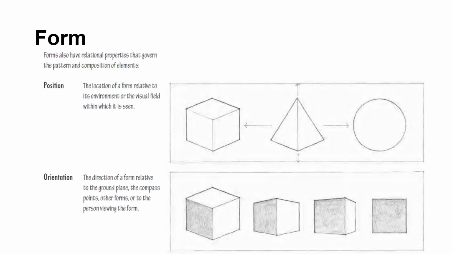This is very well depicted in perspectives, in your orthographic drawings, in your freehand sketches. Basically, what you will be drawing is what is in your line of sight, or human perspective. Orientation is the direction of a form relative to the ground plane, compass points, other forms, or to the person viewing the form.